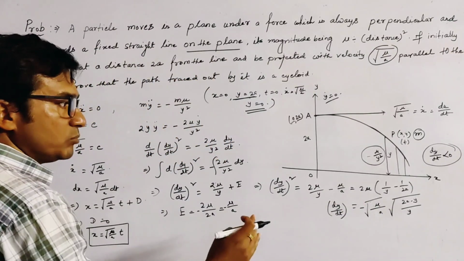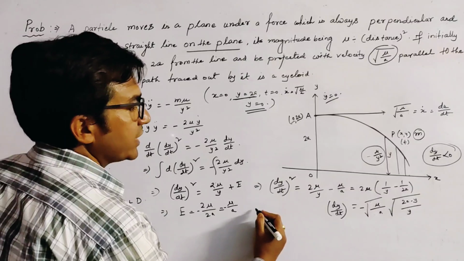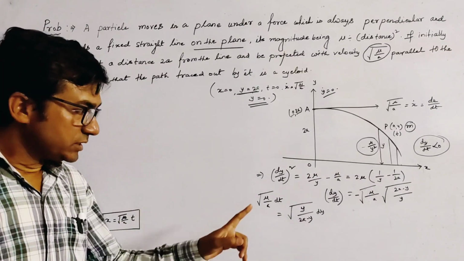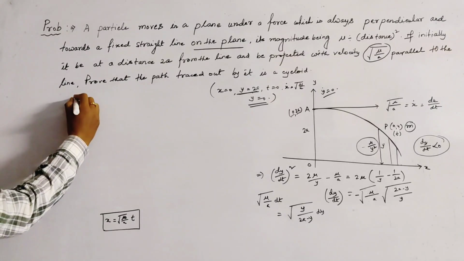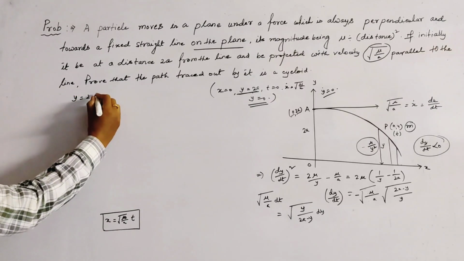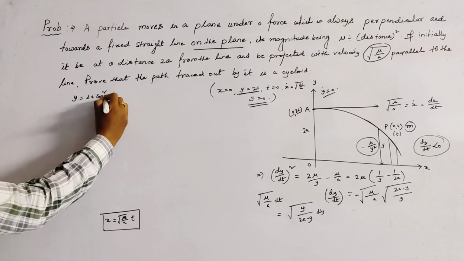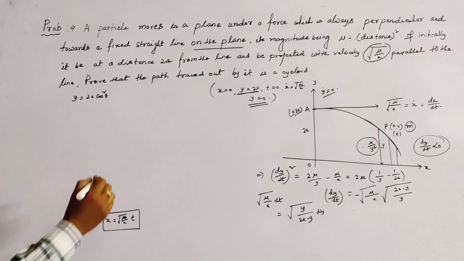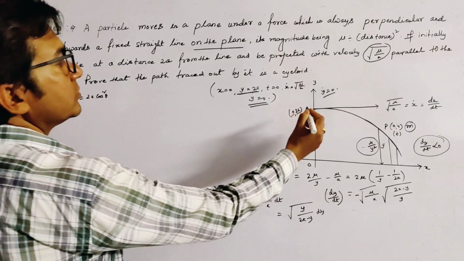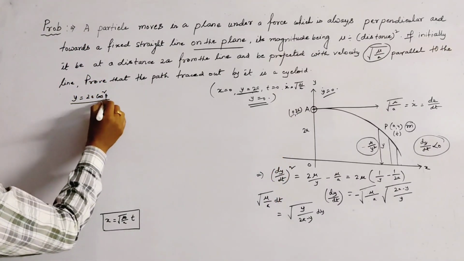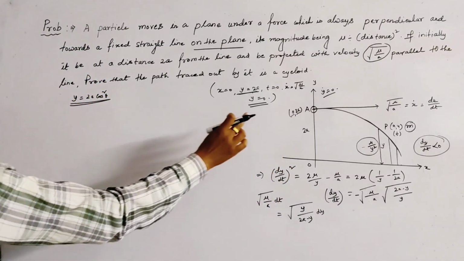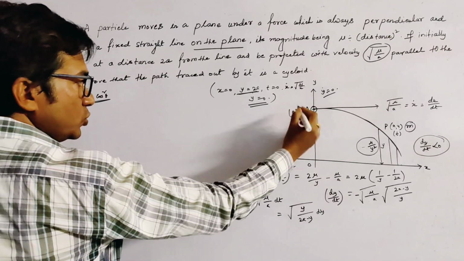Now, to integrate this relation, we put y equal to 2a cos square theta. Right? And here this is the initial position. If y is equal to 2a cos square theta, then initially y is equal to 2a.